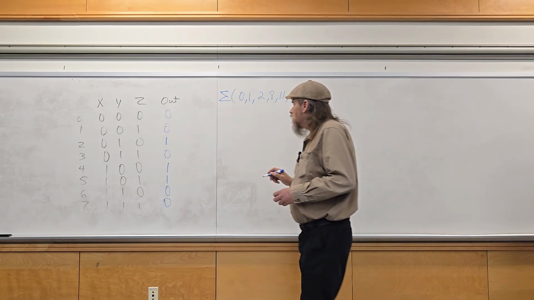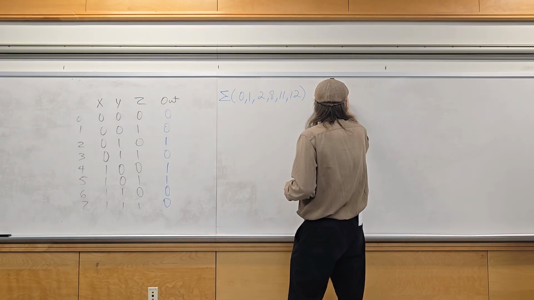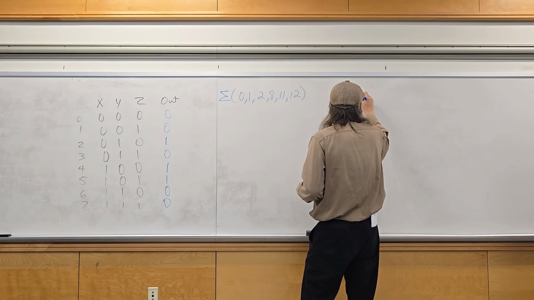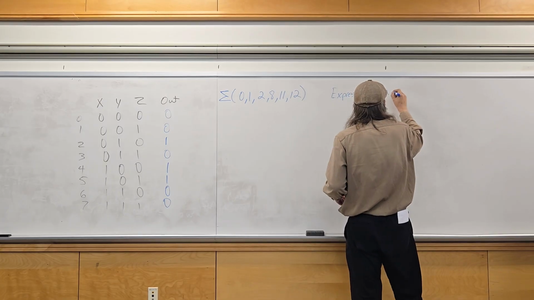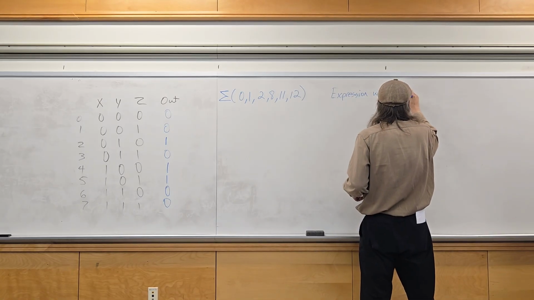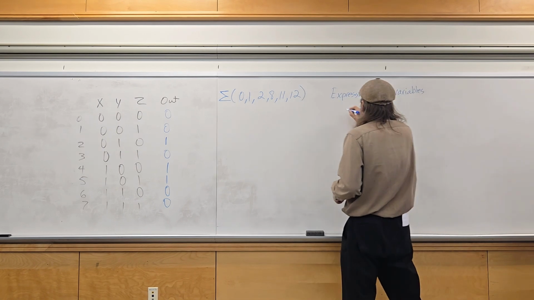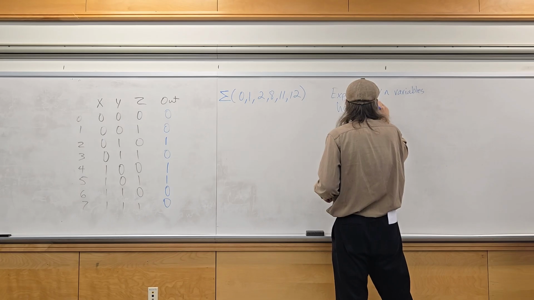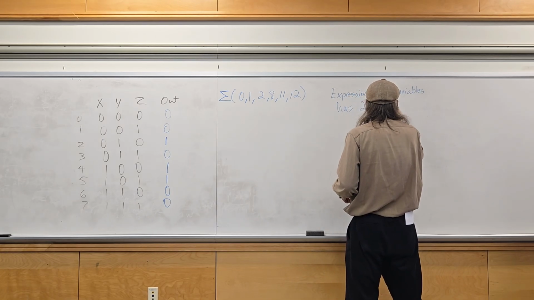So an expression with n variables has 2 to the n combinations of inputs.